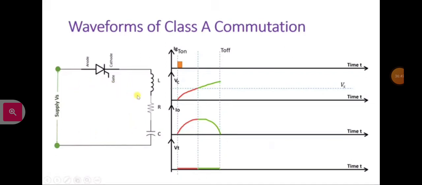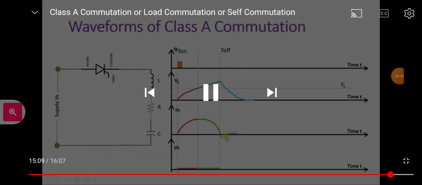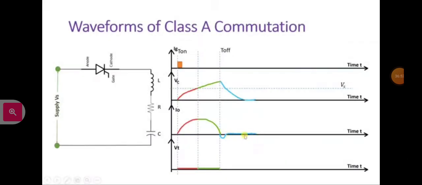And after that, this capacitor will start to discharge. You can see, the capacitor is getting discharged, and this output current will reach 0 as this SCR is off, and the voltage across the SCR will start to increase and reach plus Vs, right? So over here the voltage across this SCR is plus Vs as it is off.